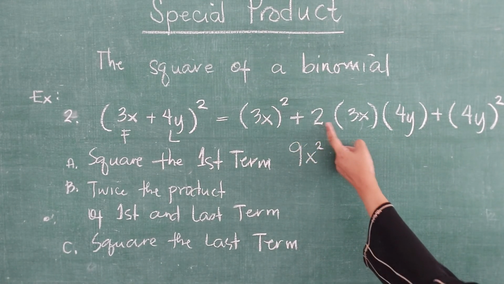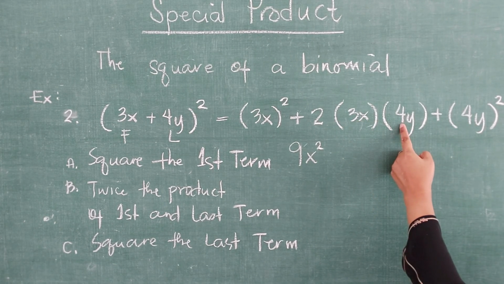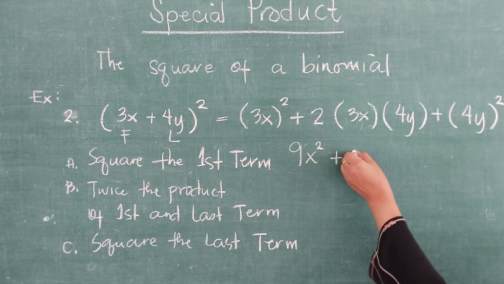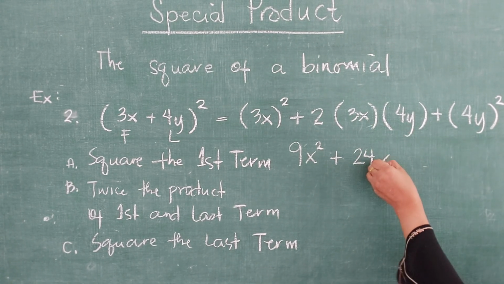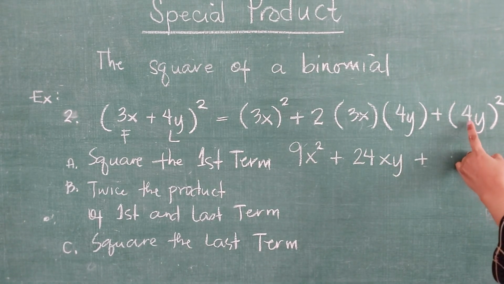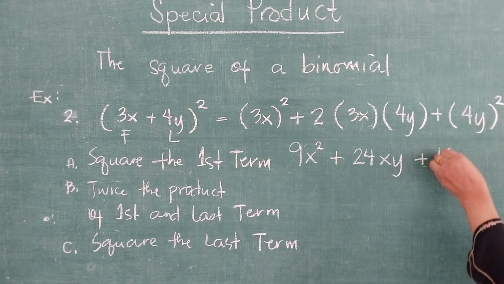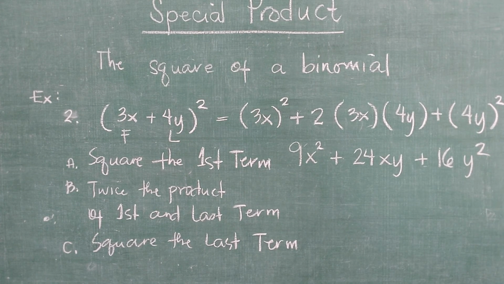Next, 2 times 3, 6. 6 times 4 is equals to 24, x times y, xy. Next, 4 times 4, 16, y times y, y squared. Okay, the answer is 9x squared plus 24xy plus 16y squared.